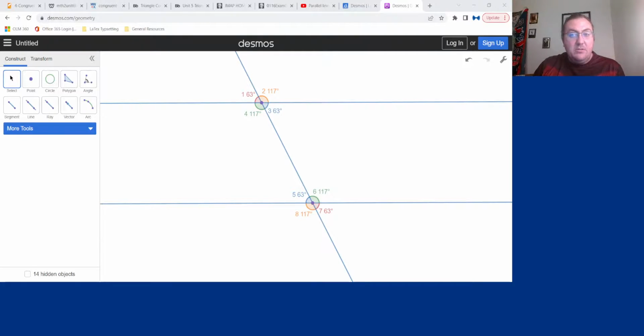This always happens. Hence why we describe them as being equivalent to each other. If you know any one of them, you can essentially assume all of them are true.